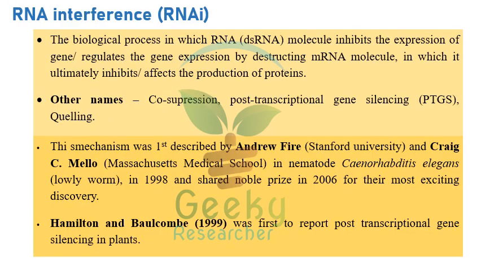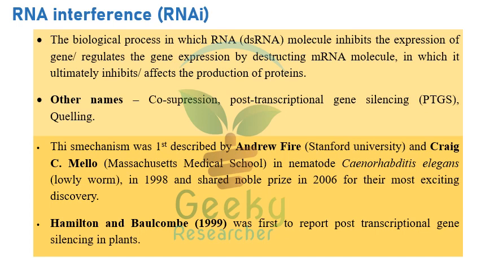Coming to RNA interference or RNAi, various other names are there that I will tell you. RNA interference, or post transcriptional gene silencing, PTGS, is otherwise called co-suppression or quelling.